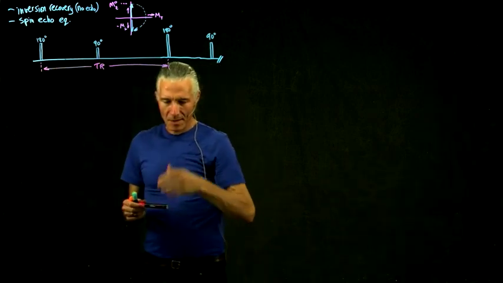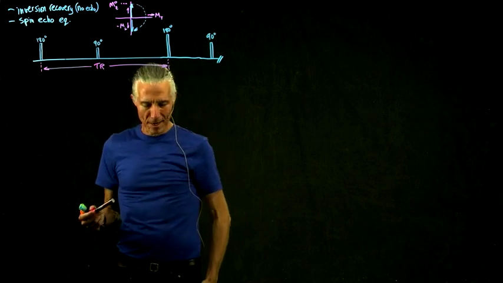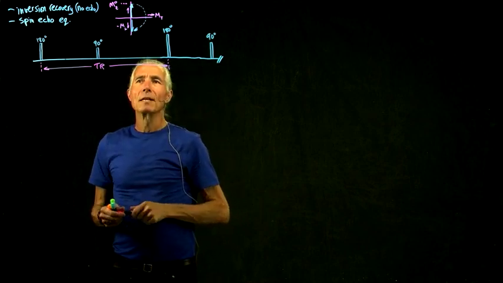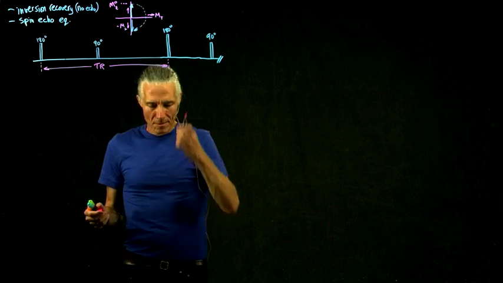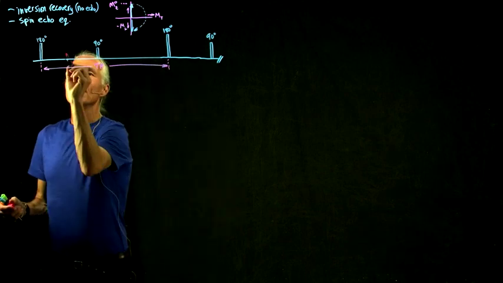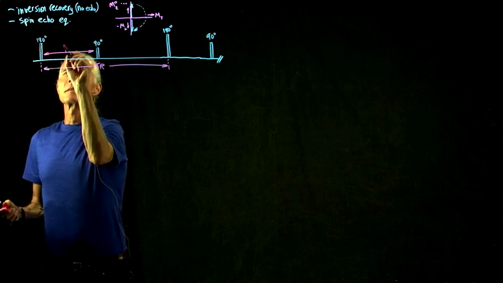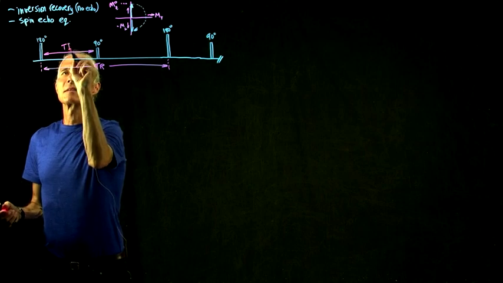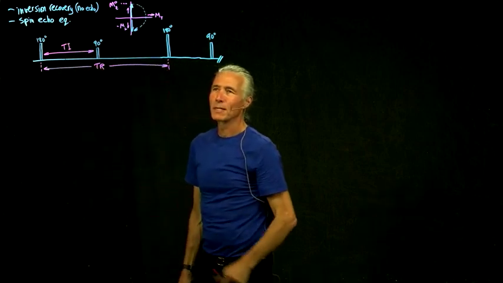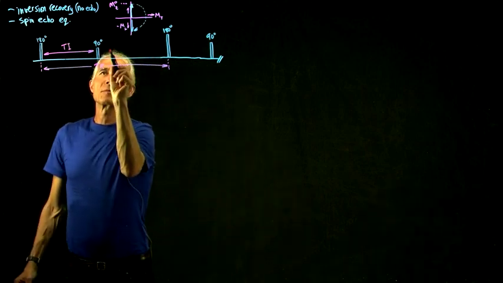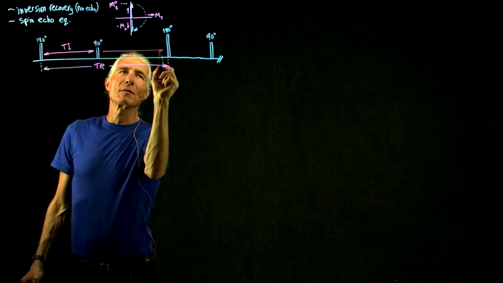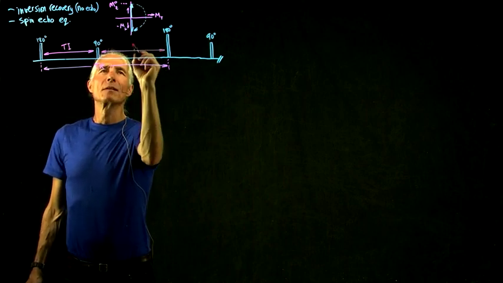There's no TE because we're not collecting any echoes. This time is typically called, it's unfortunate that it looks a lot like a 1, but it's called TI, time inversion. Sometimes, if you read in papers, this one is called TD for time delay.